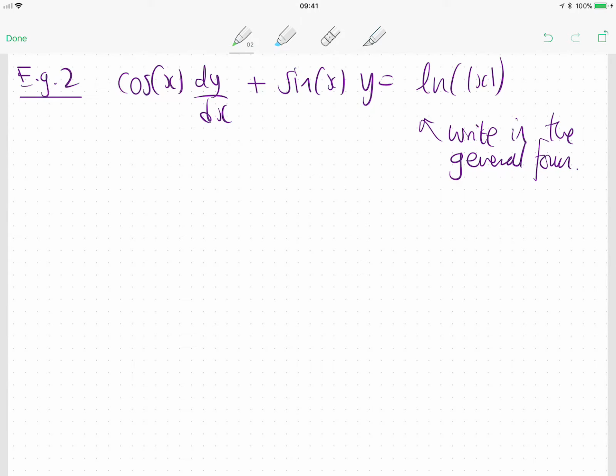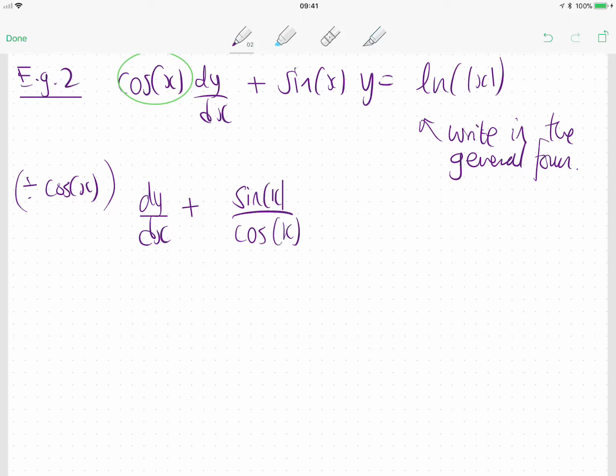Okay, so like we saw with example 1, we need the dy dx term on its own. So we have to divide out by cos of x. So if we divide every term by cos of x, we have dy dx plus sine x divided by cos x. Remember to keep that y on its own.